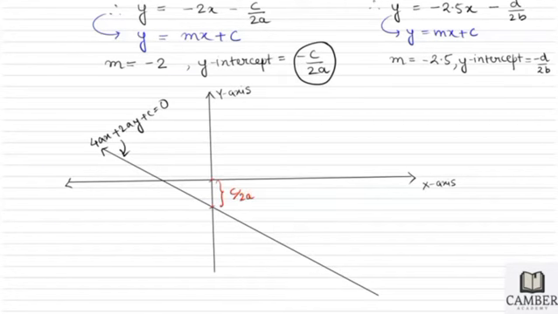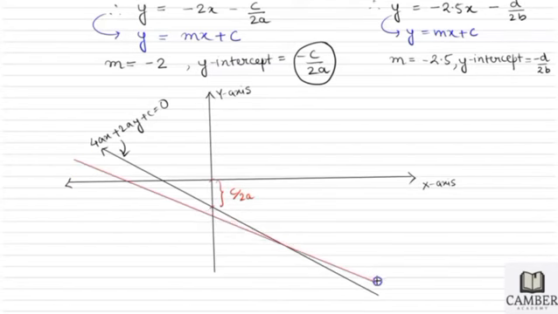Okay, similarly we can draw the other line, which is 5bx plus 2by plus d is equal to 0. Here in that case the slope is minus 2.5 and the y-intercept is minus d by 2b. Okay, so it will look something like this.